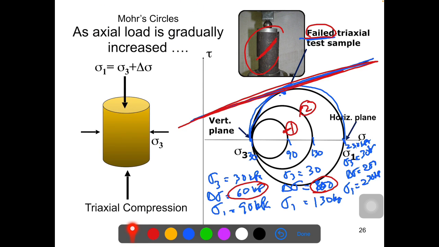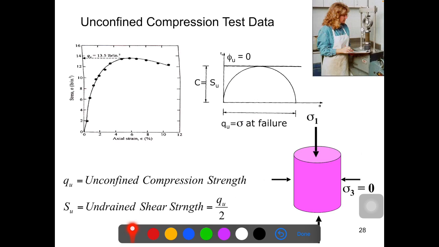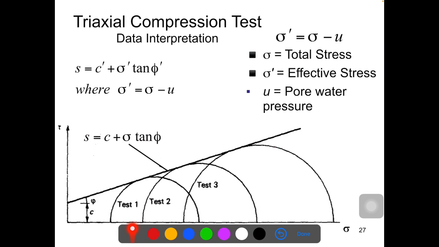What is the story behind the Mohr circle? These are the data. The strength envelope I mentioned just now is based on this one. This is C, the cohesion.